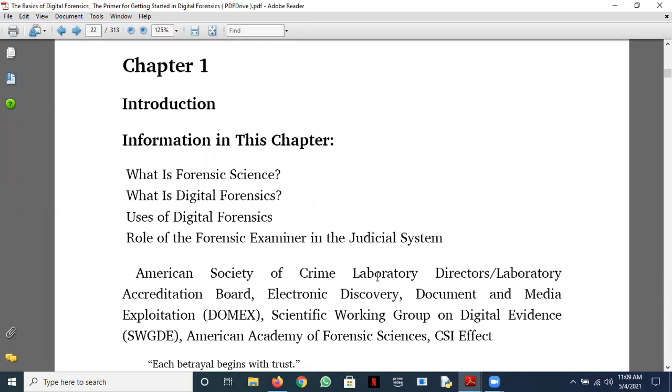Because most of the criminals must be brought to justice through courts. So what is the role of the forensic examiner, the person who has gathered the evidences, and how he should present that in the judicial system. That is what you focus on in the first chapter.